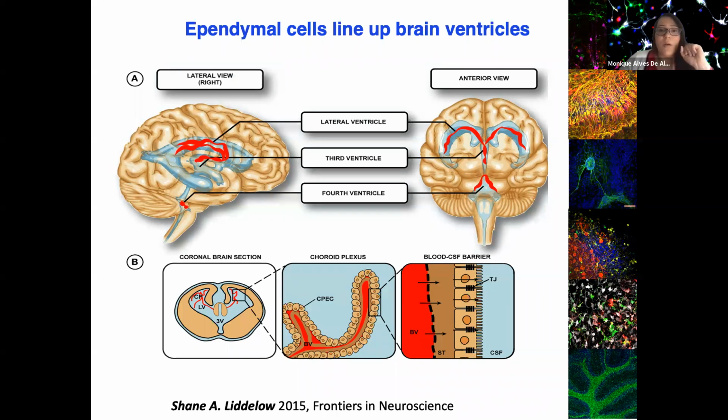To talk about this specific glial cell, we need to talk about the choroid plexus present in the lateral ventricles, the third and the fourth ventricles. Each plexus is comprised of blood vessels with a single layer of ependymal cells joined by tight junctions, which forms the blood-cerebrospinal fluid barrier.